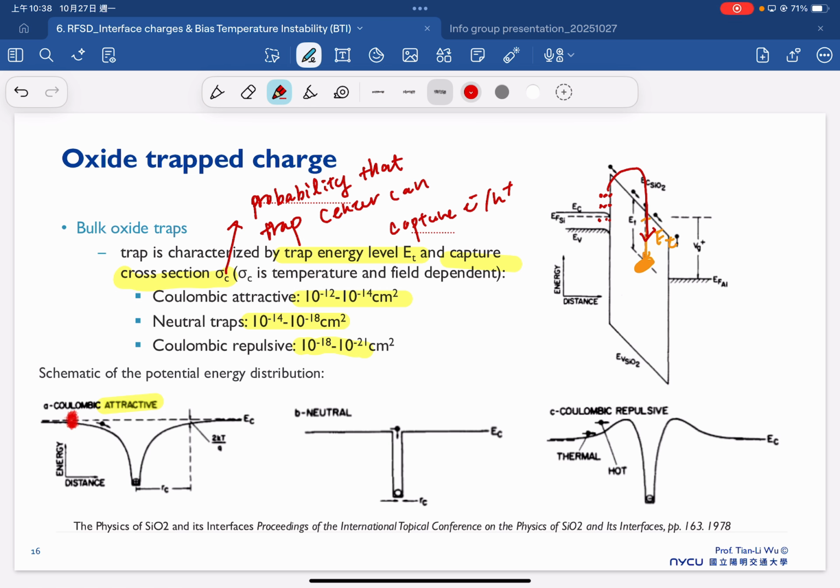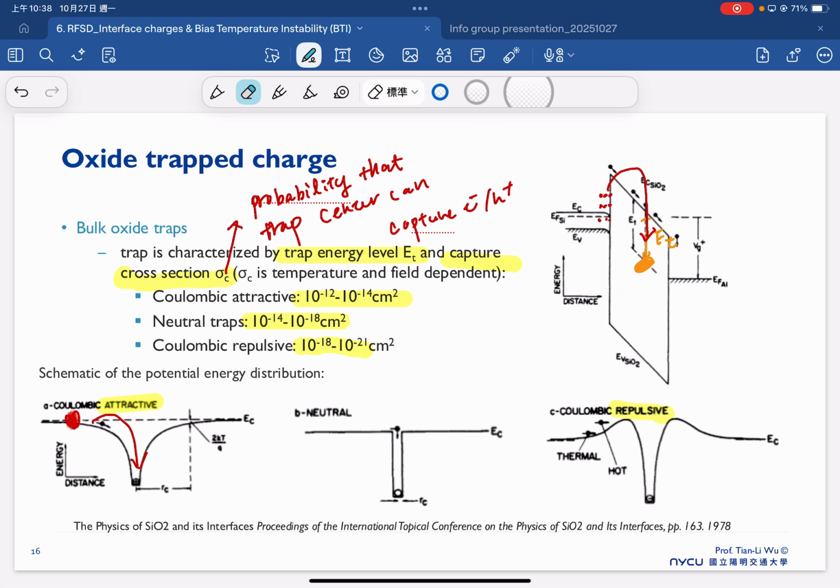So once we have a carrier here, because of this attraction, there's a high probability that the carriers will be captured by this trap. But on the other hand, repulsive means that the probability is way too low.